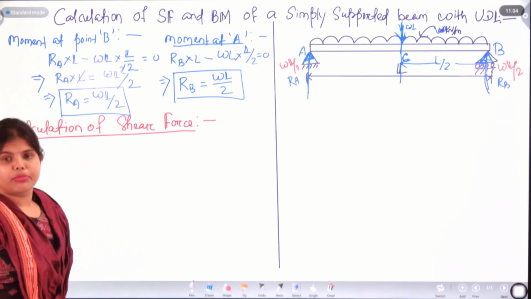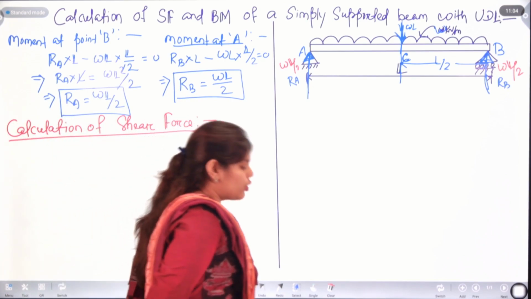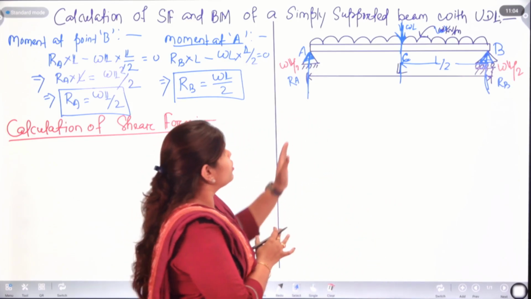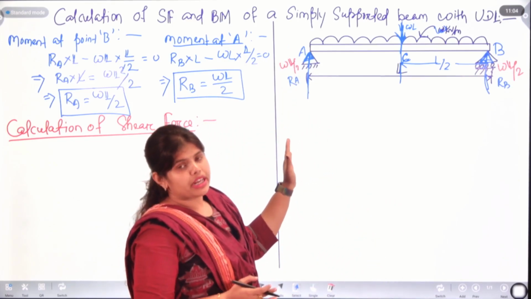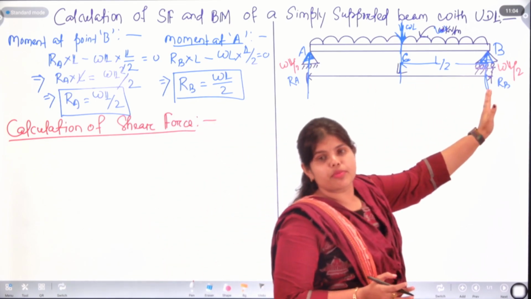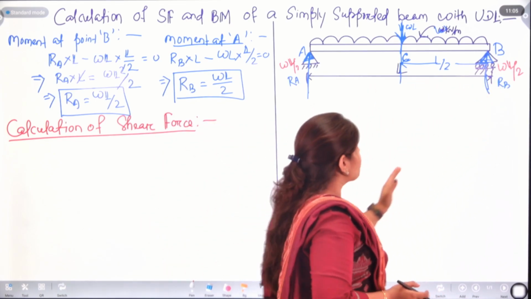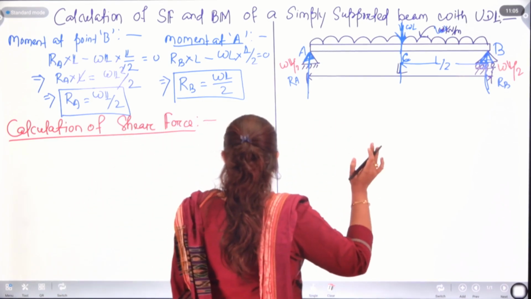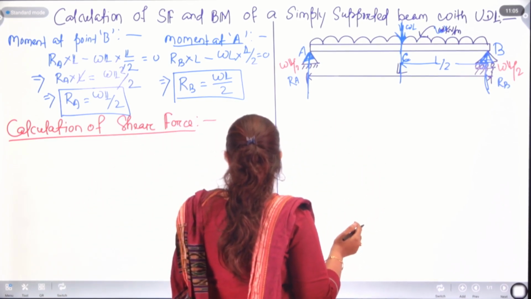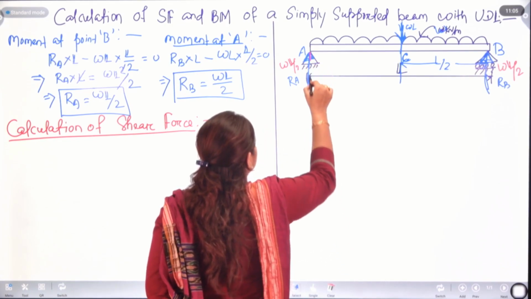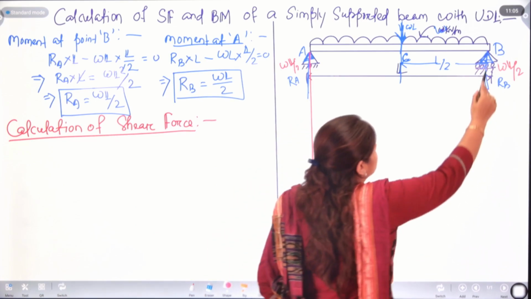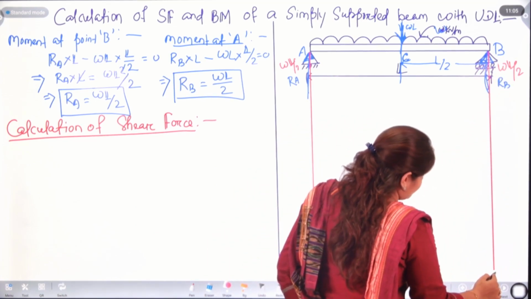Now let's go for the calculation of shear force. We need to remember that shear force or bending moment can be calculated only from the left hand side of the section or from the right hand side of the section. As per comfort, you can calculate from right or left hand side. As we need to draw the shear force and bending moment diagram, let's do it from here.